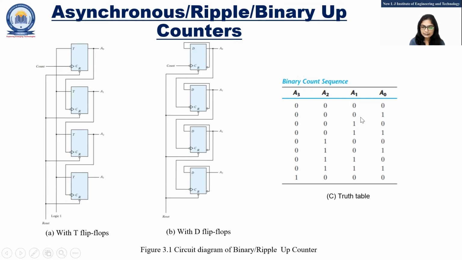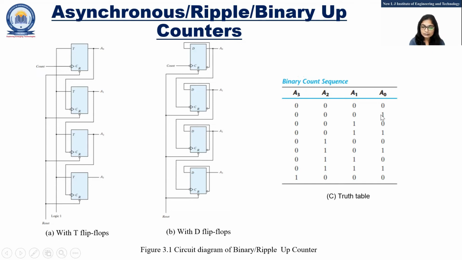So you can see here, as I am applying A0 to A1, whenever A0 changes its state from 1 to 0, only then will A1 change its state from 0 to 1. Why?